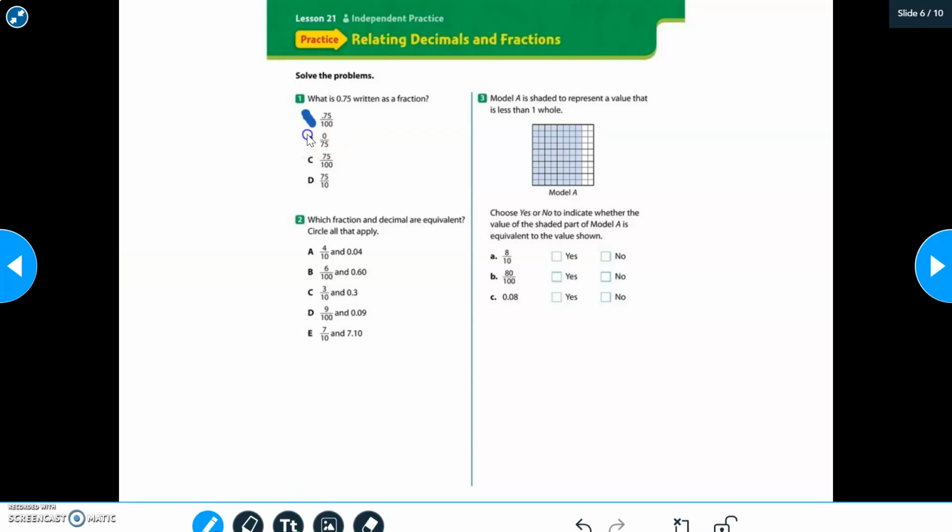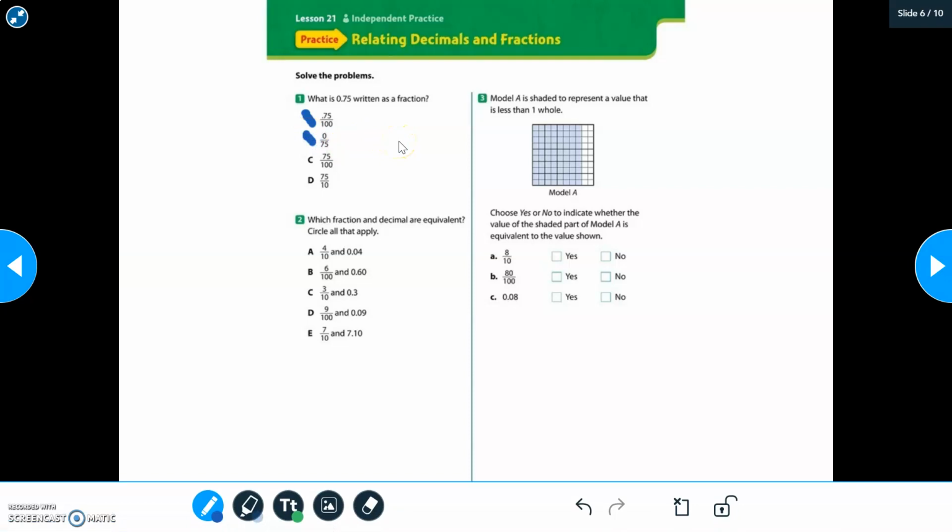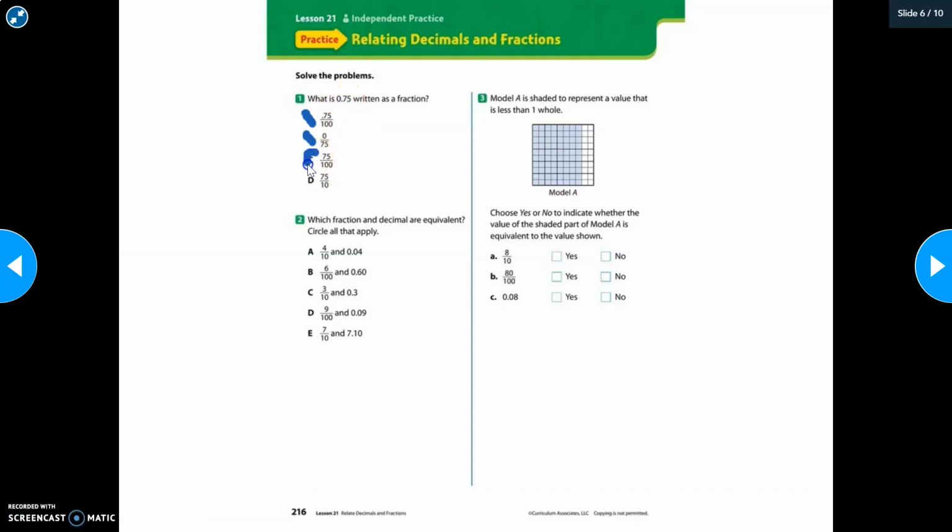Nope, nope, nope. Let's go ahead and slash and trash. Slash and trash when we don't want it, right? All right, let's look at C. 75, we got a fraction bar, and 100. 0.75. Okay, C. This is exactly what we're looking for. Letter C.